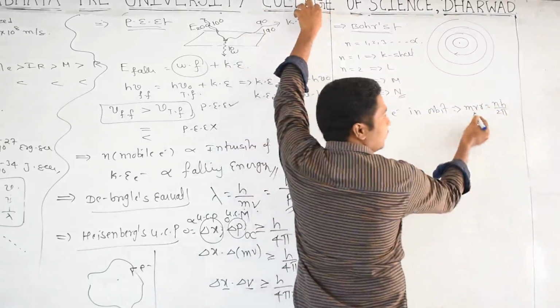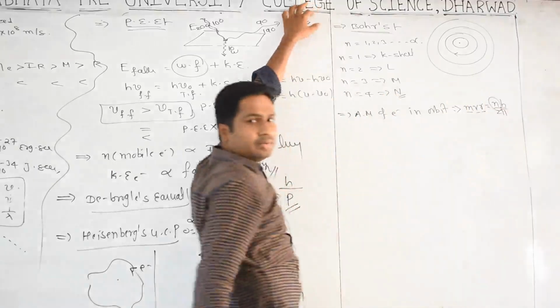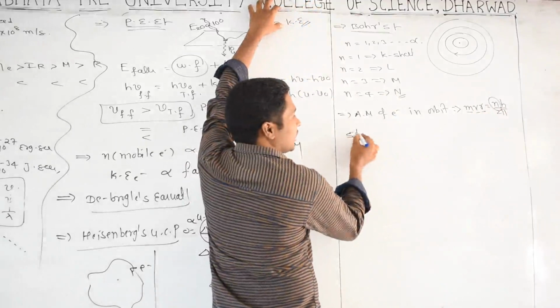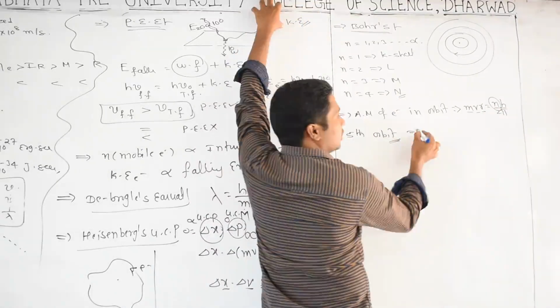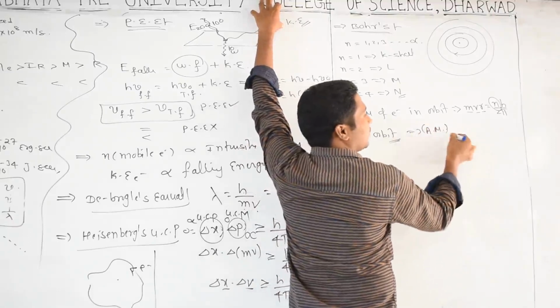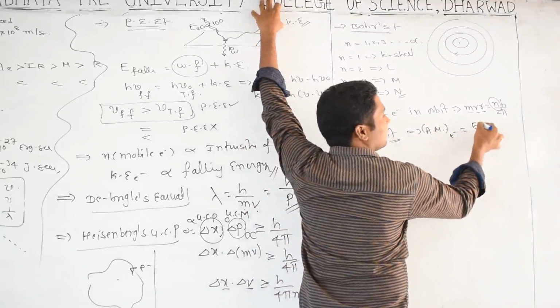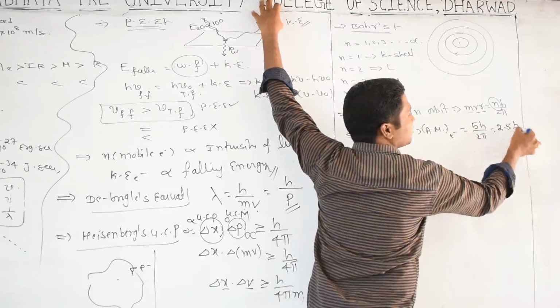Here m is the mass of the electron, v the velocity of the electron, r the radius of the orbit, and n is the orbit number. He may ask a question, what is the angular momentum of an electron in the fifth orbit? What we should do? Angular momentum of an electron in a particular orbit is 5h by 2 pi, which is 2.5 h by pi.